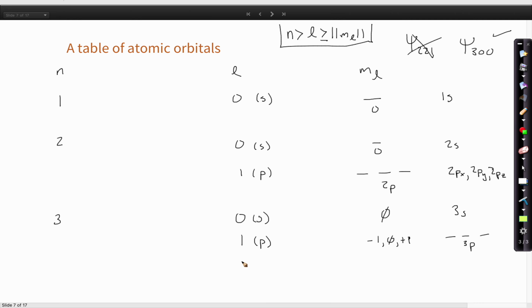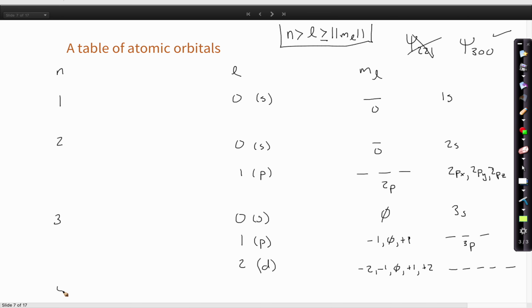And then we also now have the possibility of L equals 2, because 3 minus 1 is 2. So that means there are also d orbitals on this floor, which means we also have -2, -1, 0, +1, and +2. So that would be 1, 2, 3, 4, 5. Okay, so there are our orbitals for the d orbitals as well.